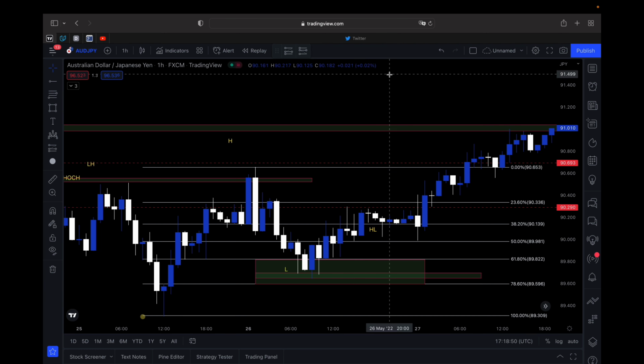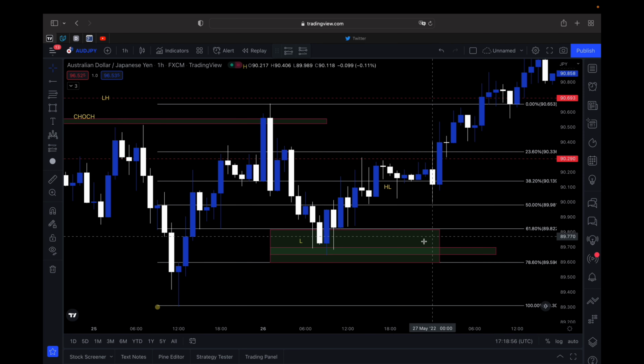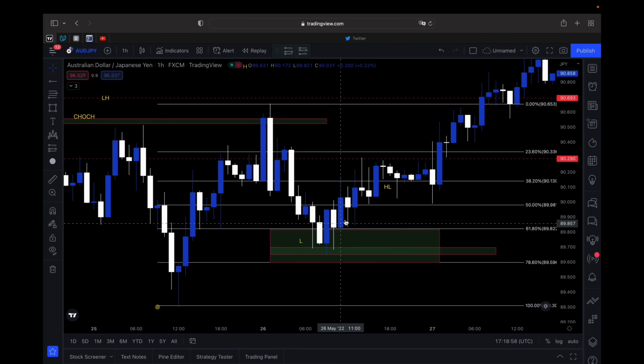Now I can still follow this market, follow all the movements. So I'm taking my entry here, and you see what the market did after the close of this candle.